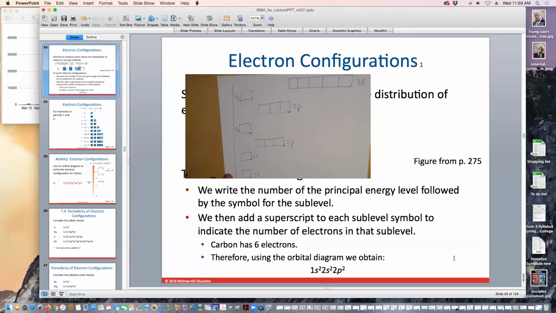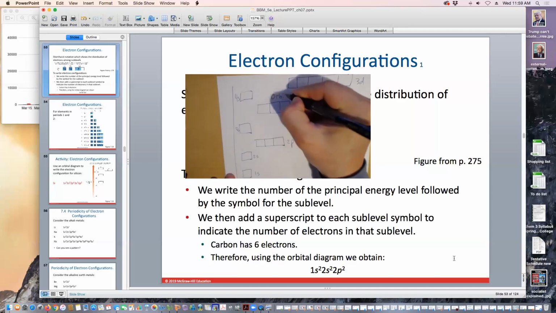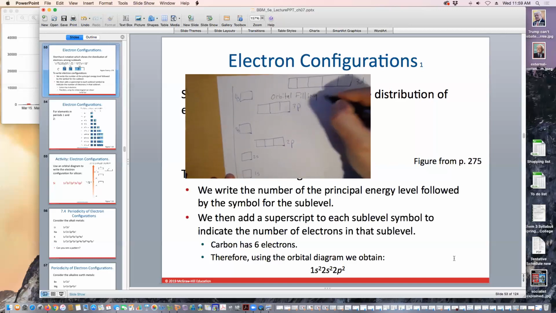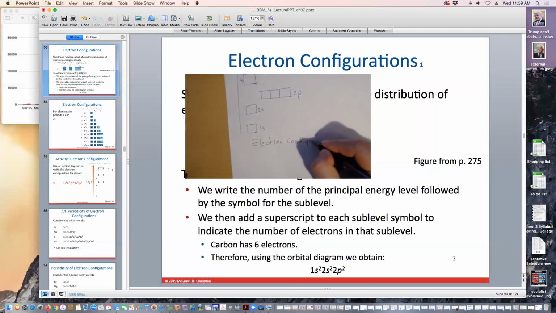All right. So this is what I refer to as the orbital filling diagram. And from that, we can come up with what I call the electron configuration. And so the electron configuration, 2p5.